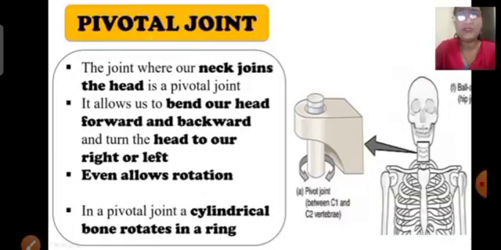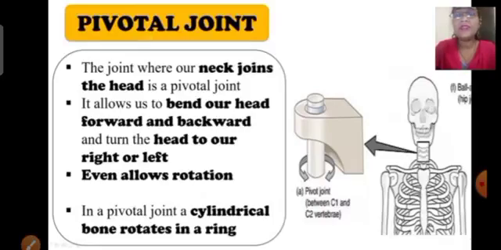This is the pivotal joint. As we know, a pivotal joint is present in our neck. The joint where our neck joins the head is a pivotal joint. It allows us to bend our head in forward and backward direction and even turn the head to our left and right. This joint allows rotation.